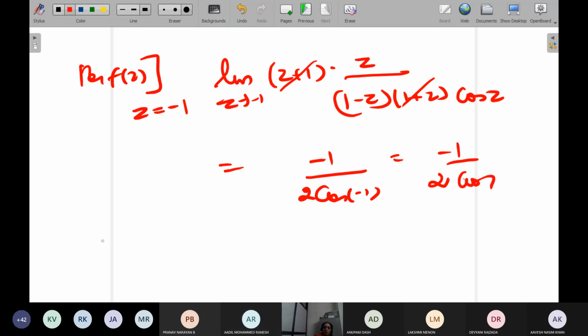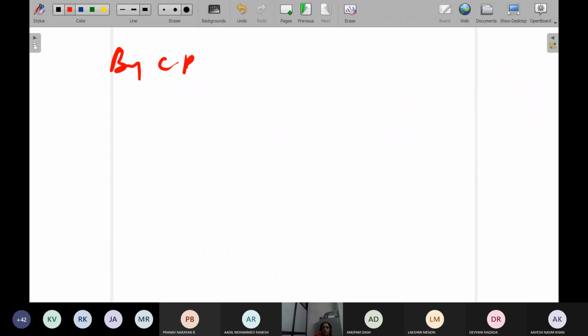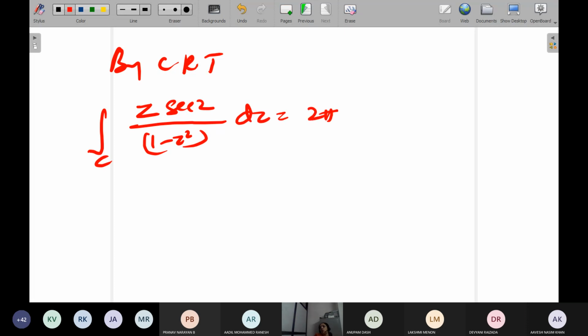So therefore, by Cauchy residue theorem, the residue of f of z at z equal to (2n plus 1) pi by 2 is 0 because the points lie outside. By Cauchy residue theorem, the integral over C of z secant z divided by (1 minus z square) dz equals 2 pi i into the sum of the residues at its poles.